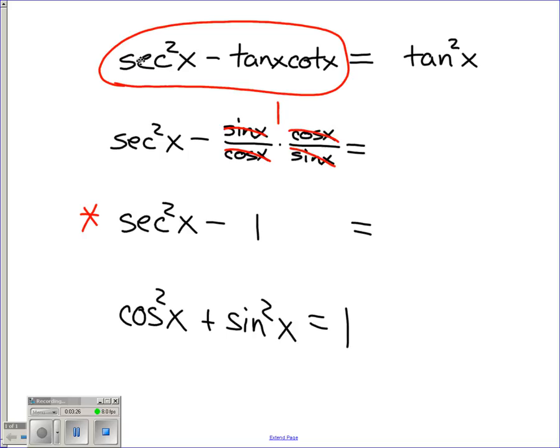Well, since we've got a secant here, if you wanted to get secant, you would somehow have to have 1 over a cosine. So I'm going to divide both sides here by cosine squared x, term by term.